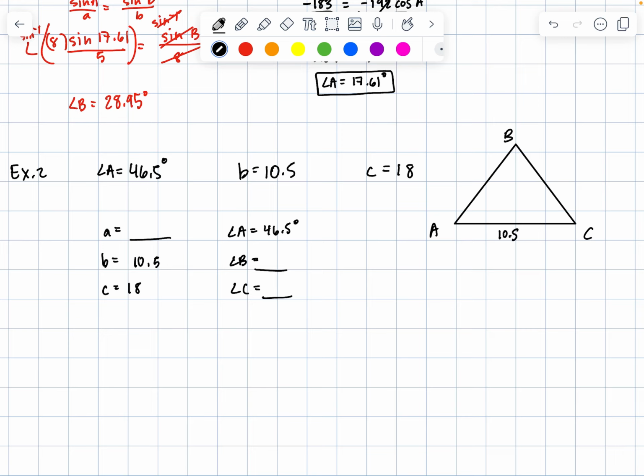Side C, which is 18, and then angle A, 46.5. In this particular case, this is side angle side. Okay? If we have side angle side, that means we actually have to use one specific equation. The equation that has the angle A in it.